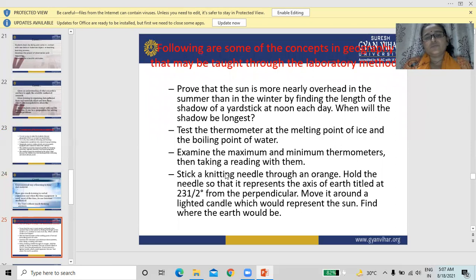So from the shadow also we can find out. When will the shadow be longest?